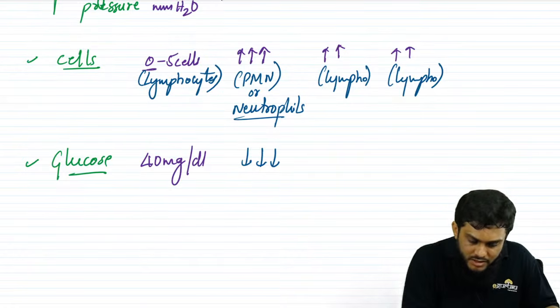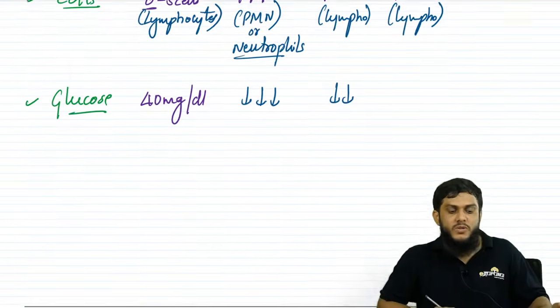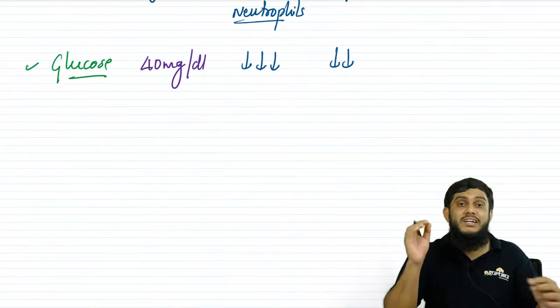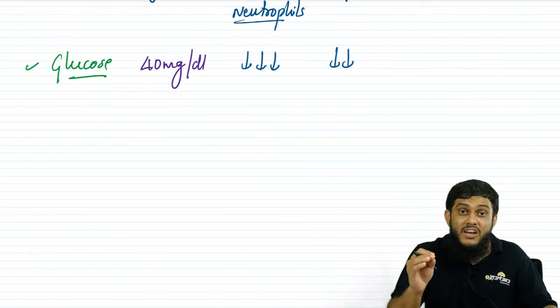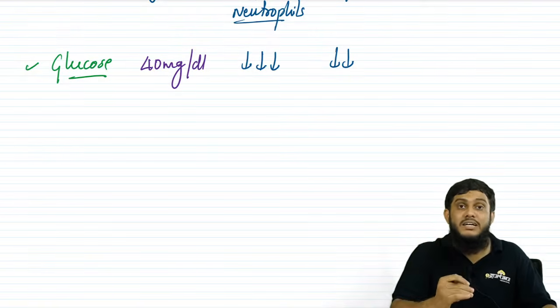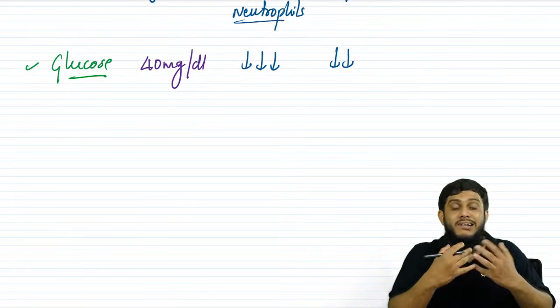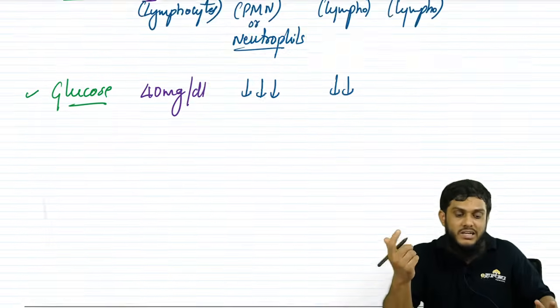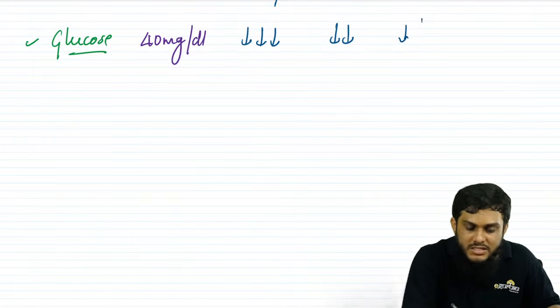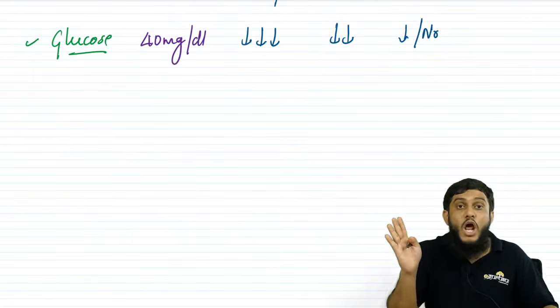In mycobacterial, glucose is moderately decreased. So overall, in infections glucose is decreased, highly in bacterial and moderately in mycobacterial. What about other infections? It is decreased or it may remain normal.